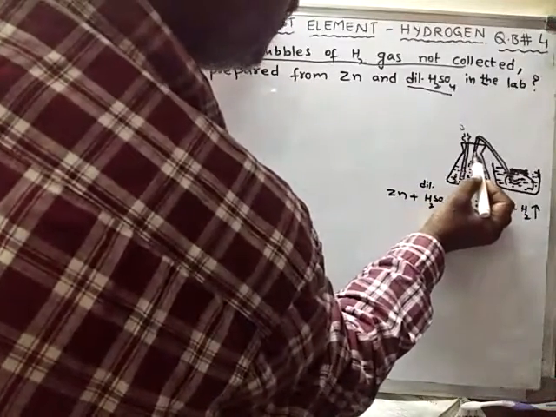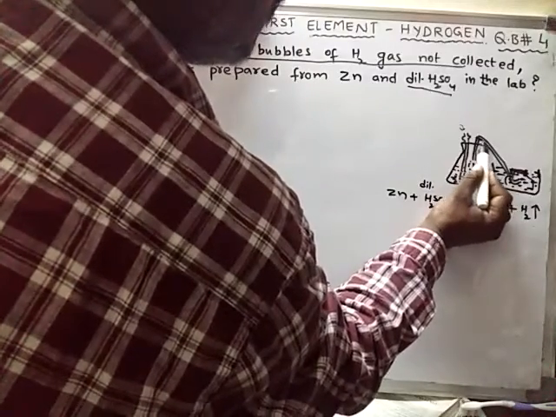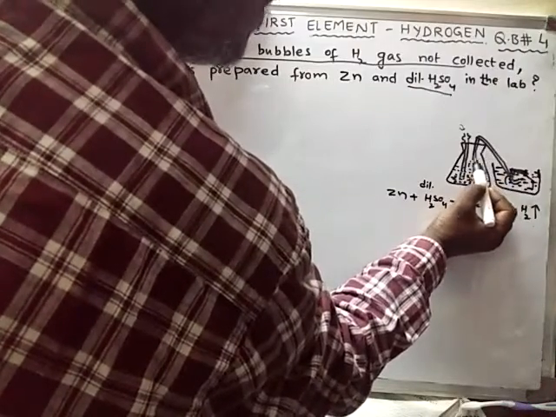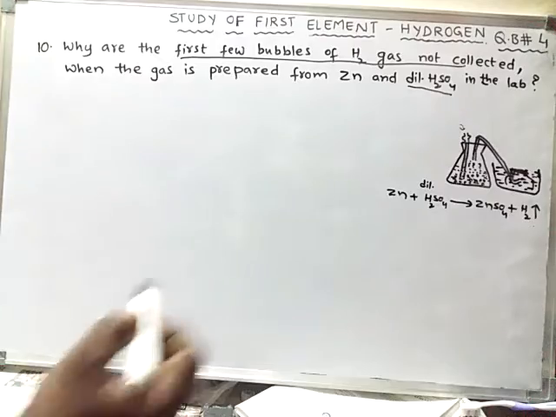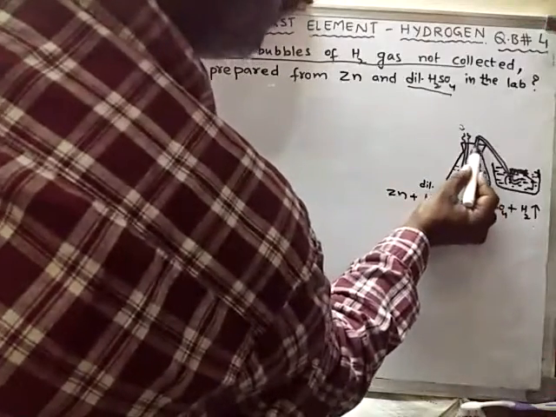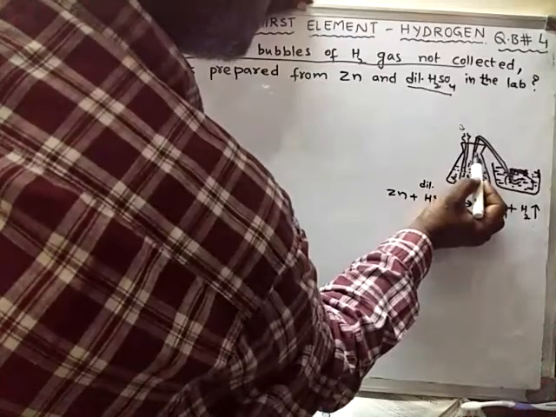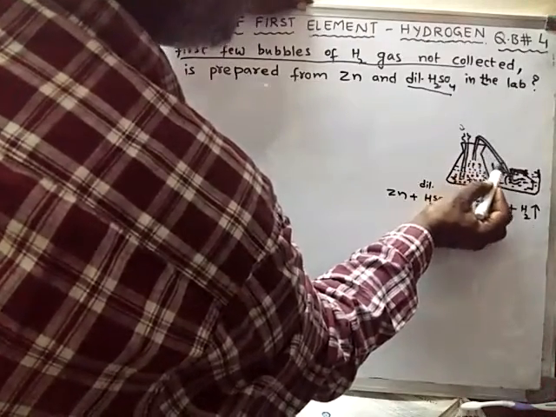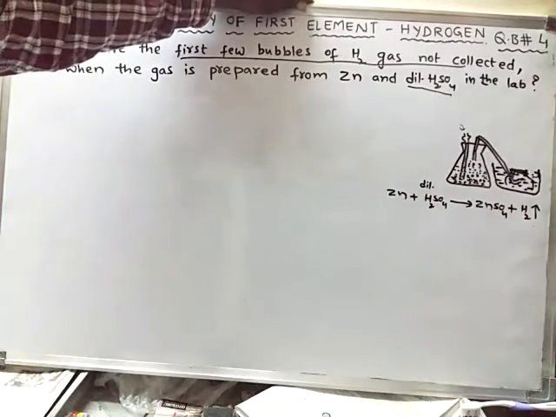After all the air is driven out, along with that air, some amount of hydrogen will also move. So the first amount of hydrogen which is coming out through the delivery tube is mixed with air also.